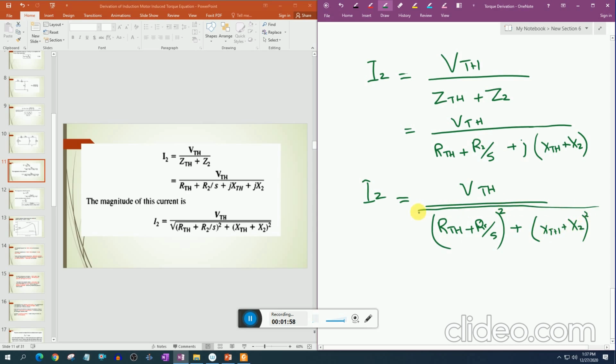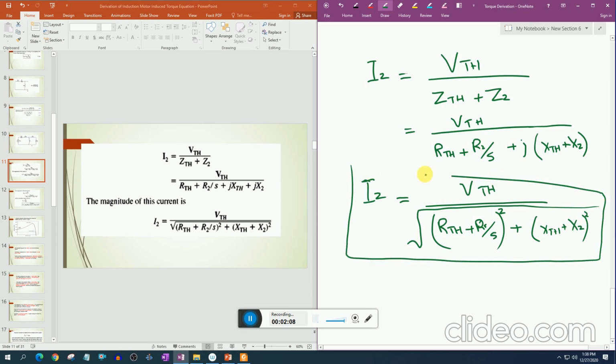This is the magnitude of I2. Now we calculated the value of I2, putting this value of I2 in the P of air gap formula. As we know, P of air gap is equal to 3 into I2 square R2 by S. Putting this equation here, we can find the power of air gap.